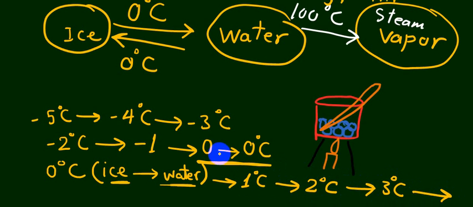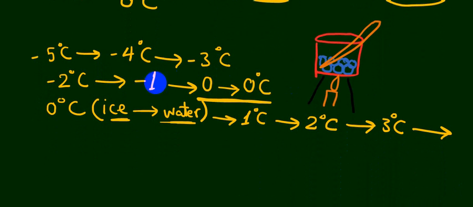So the temperature remains constant at 0, the melting point. This heat, which is absorbed by ice, just changes the state, changes the phase.